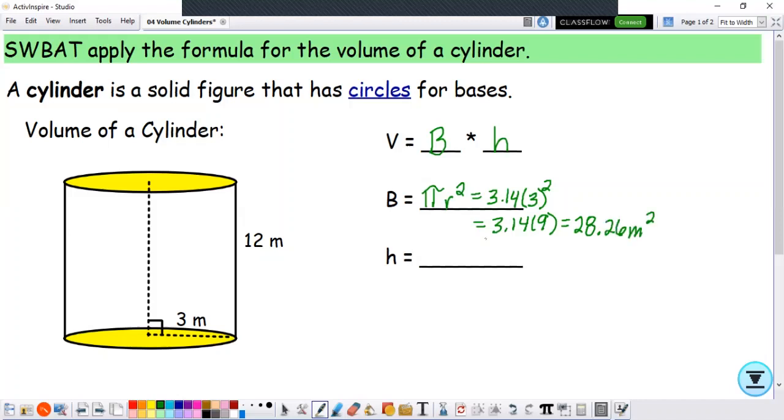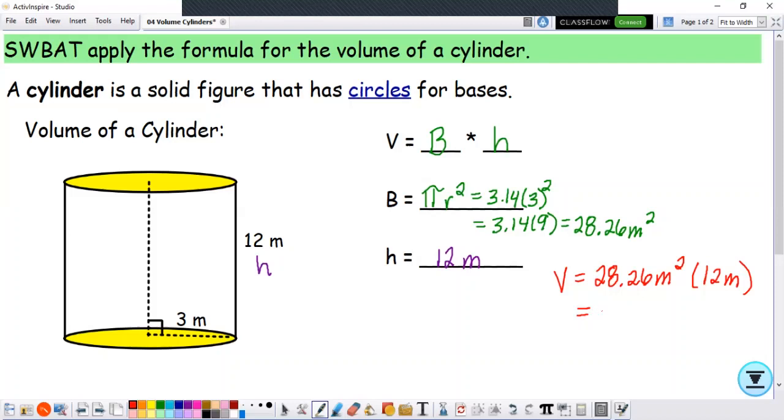meters squared. Our height for this cylinder is 12 meters. Height is that distance between the bases. So to find the volume of this particular cylinder, we're going to take the 28.26 meters squared times the 12 meters.